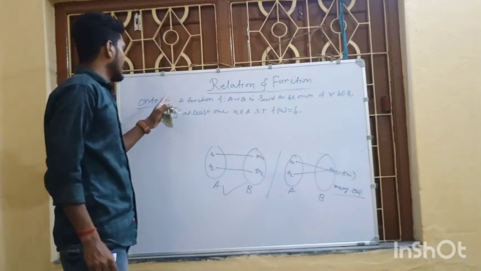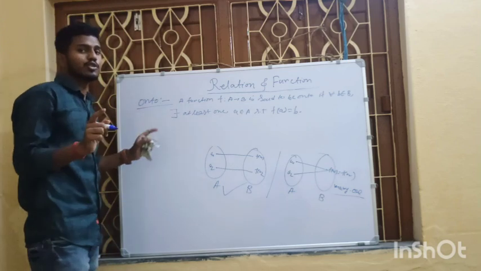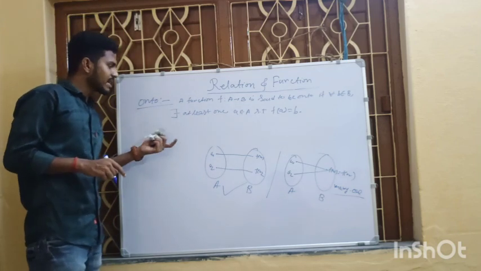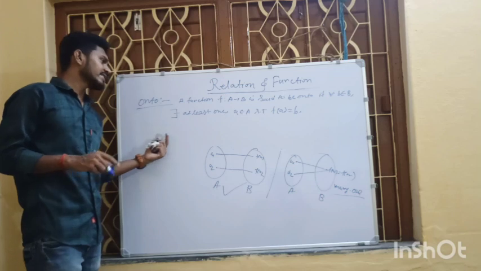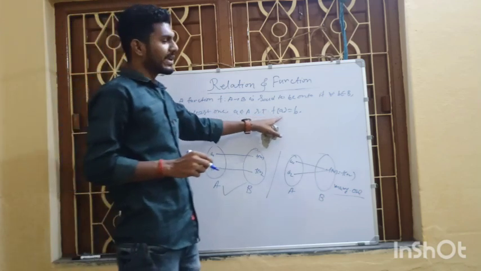So what is an onto map? A function f from A to B is said to be onto if for each element of this codomain set there exists at least one pre-image in set A such that f of a is equal to b.